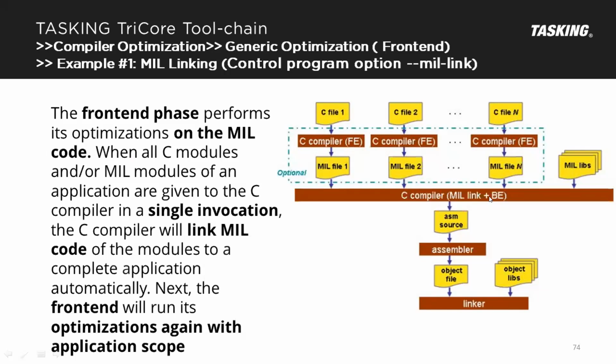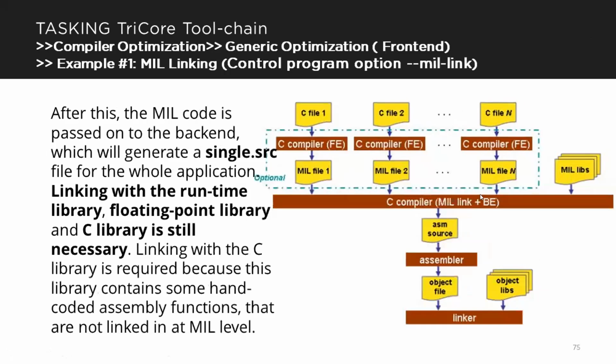Then it will be passed to the back end. Once it's passed to the back end, it will generate a file. This is called a single source file, where the whole application will be generated. Please don't forget that linking with the runtime libraries, the floating point libraries and the C libraries is still required in this case.